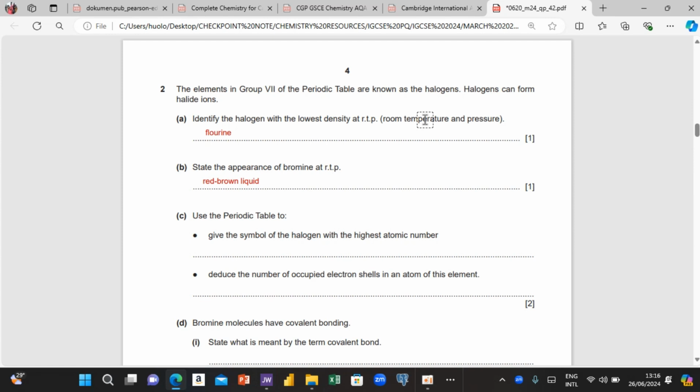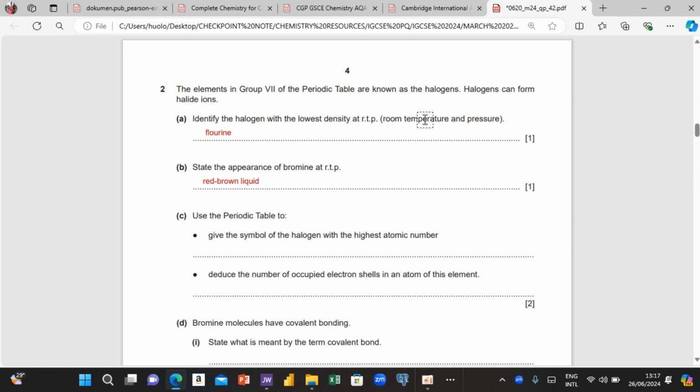Remember, the elements in the periodic table are largely solid at room temperature. About 90% of the elements are solid at room temperature. A few are gases at room temperature. Only 2 elements are liquid at room temperature: one non-metal, which is bromine that we've talked about, and mercury, which is a metal.